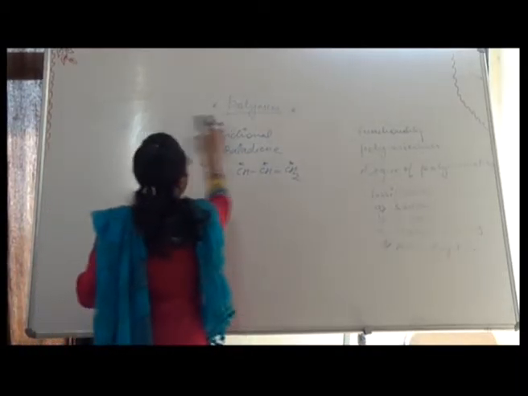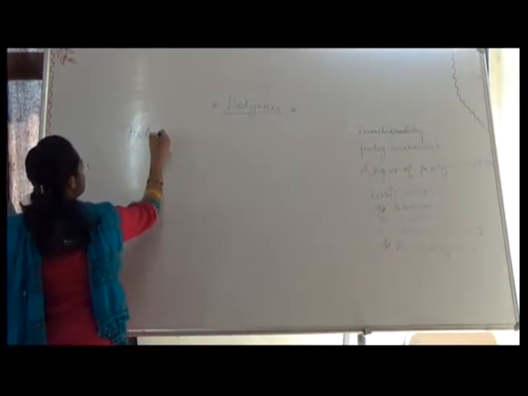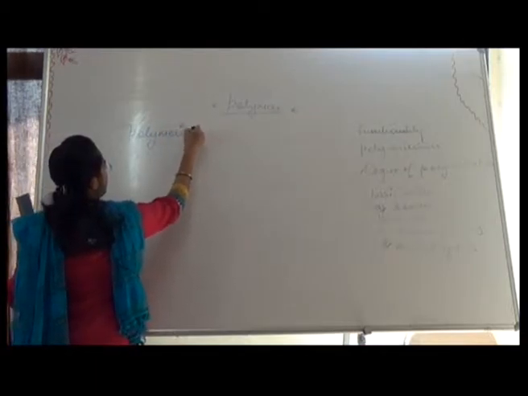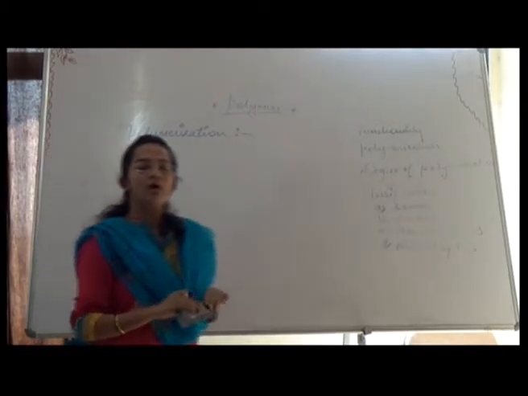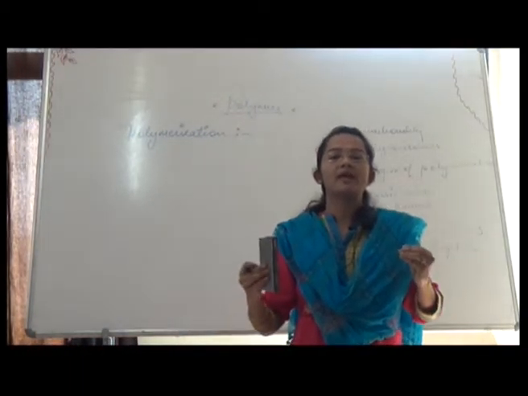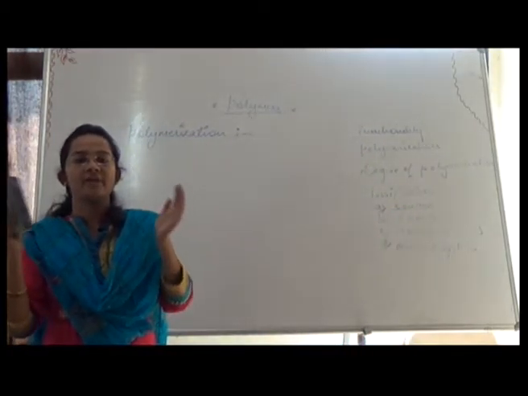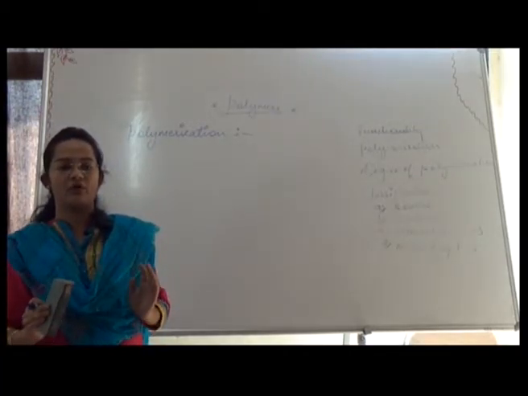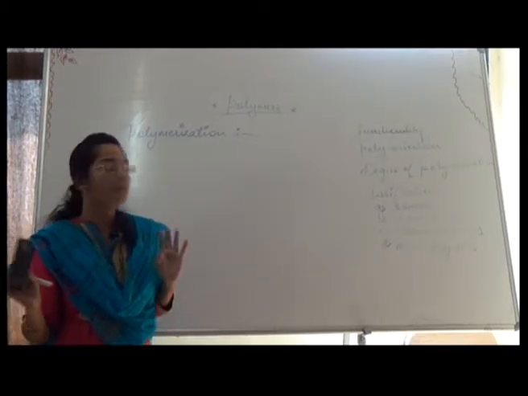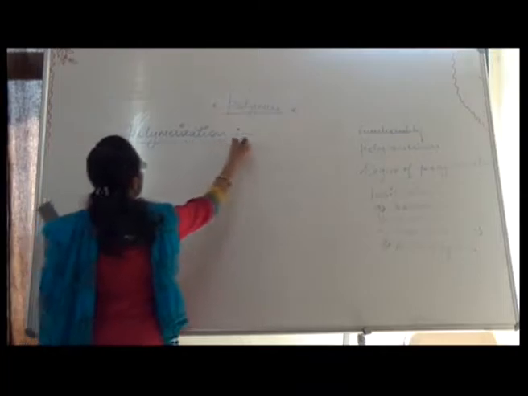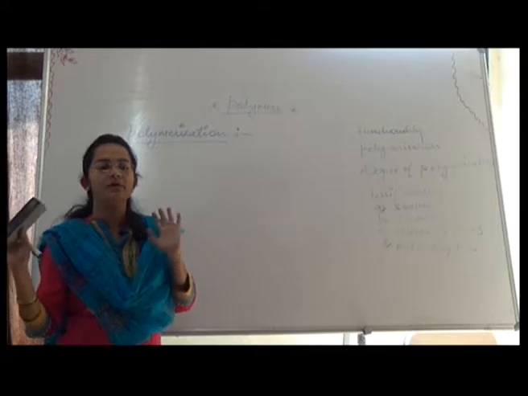Okay. Clear? The next part that we are going to see is polymerization. Now, how to define polymerization? Polymerization is a process by which we combine monomers and a new polymer is formed. So, this process is known as polymerization, from which monomer is converted into the polymer. So, polymerization is simply conversion of monomer into polymers.